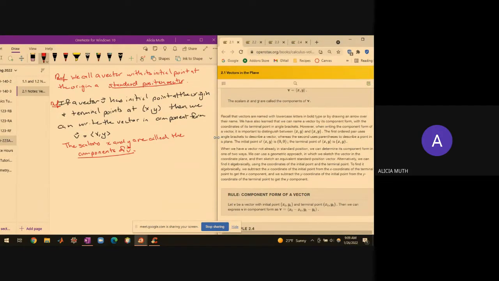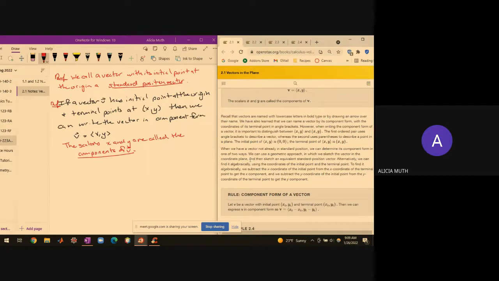The first ordered pair uses angle brackets to describe the vector, whereas the second uses parentheses to describe a point in the plane. So the initial point of the vector x, comma, y is the origin, 0, 0, and the terminal point of vector x, comma, y is the point x, comma, y.